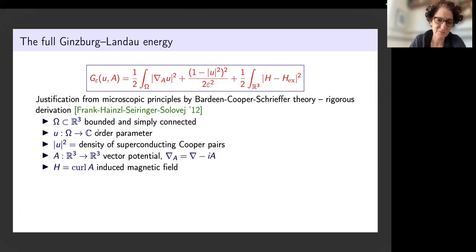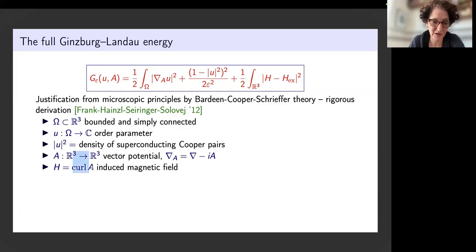So we have the same things as before, complex valued u, but now we have this vector potential A, and the gradient sub A is the covariant derivative, which is gradient minus iA. So this is like a gauge theory, but abelian. The gauge group is U(1). And you have other quantities here, H, which is the magnetic field, just like in physics in Maxwell's equations.